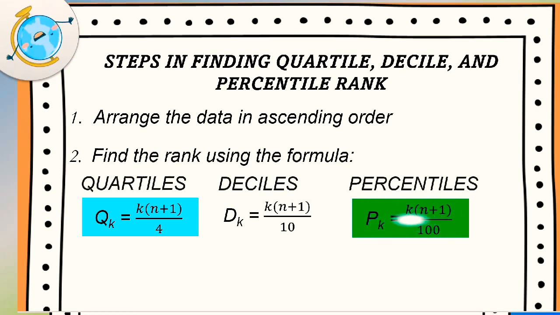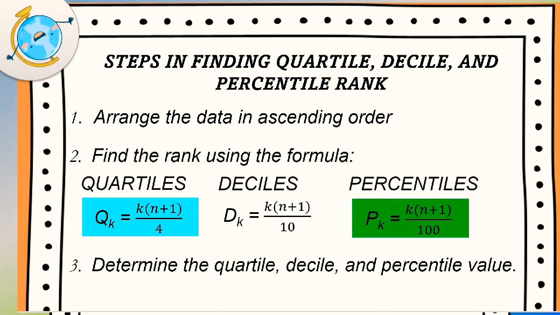And of course, we need to determine the quartile, the decile, and the percentile value. But class, there are some considerations that we need to look after in our solution as well as with the answer that we will get after we have identified the value for quartile, decile, and percentile using the following formula.